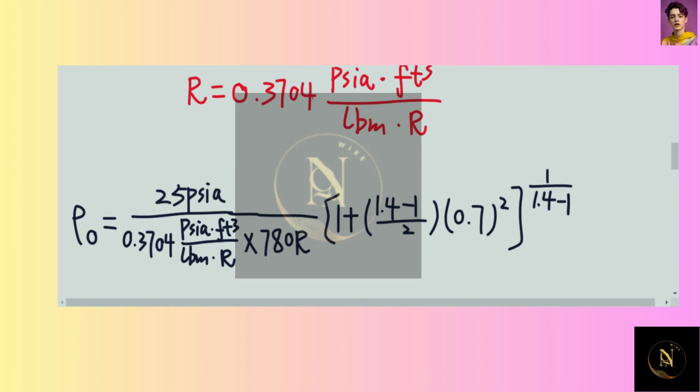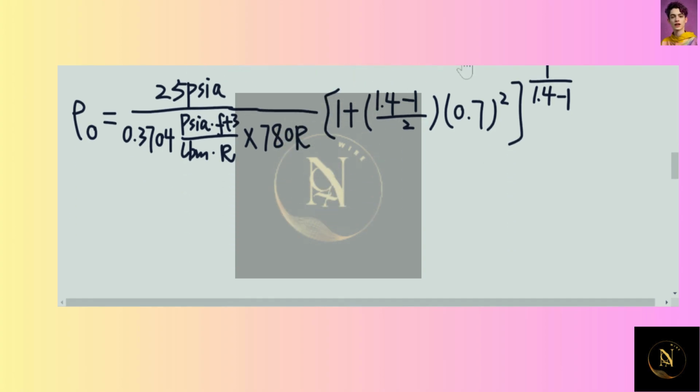And this will give us the stagnation density is about 0.109 pound mass per feet to the power 3. And these are the answers for this question.